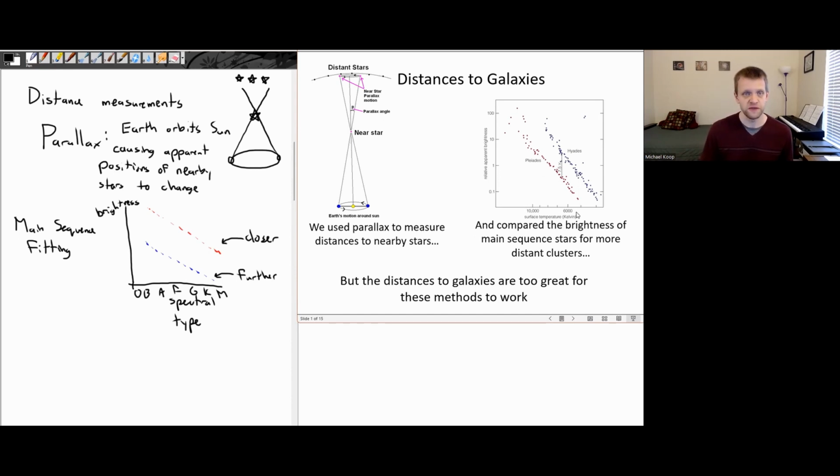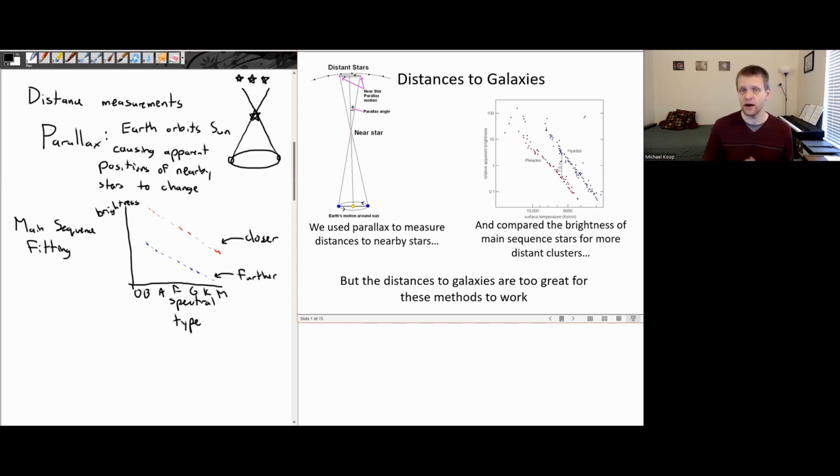For this main sequence fitting method, if it's more than around 100,000 light years away, you're not going to be able to get enough light to accurately measure the spectral type. You're not going to see the brightness. You're not going to be able to detect these lower luminosity main sequence stars. So the distances to other galaxies are too large for these methods to work.